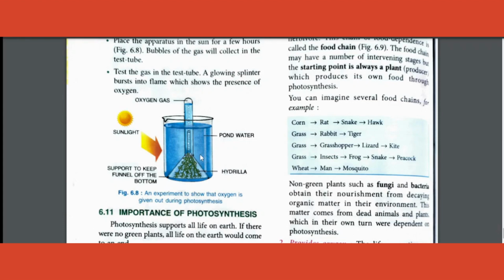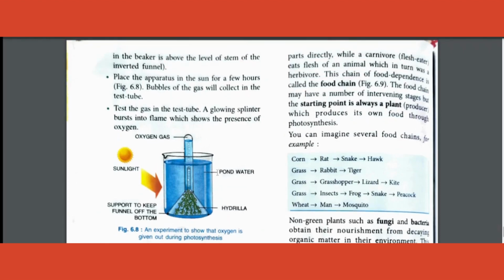So we need to collect that. First, we keep a beaker, water is kept. Inside that, we keep the hydrilla plant. The hydrilla plant is covered by this funnel, right? Now, oxygen will be produced normally because of photosynthesis. We need to collect it to check it.